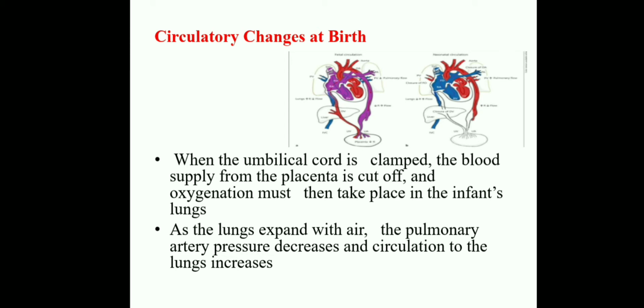It is happening normally. When the baby is delivered, as the lung expands with air, the pulmonary artery pressure decreases and circulation to the lungs increases. So that is what happens after birth.